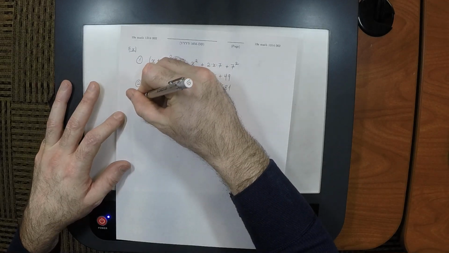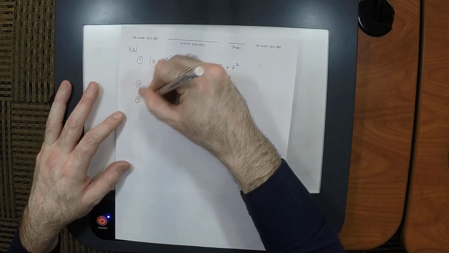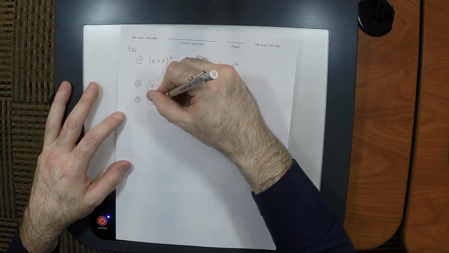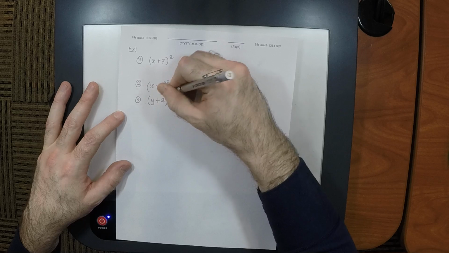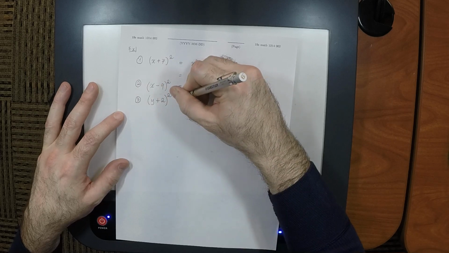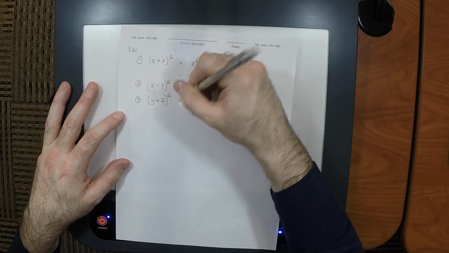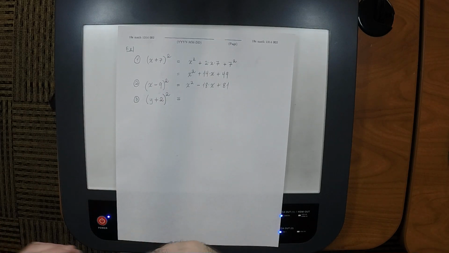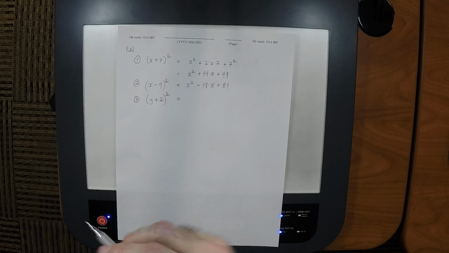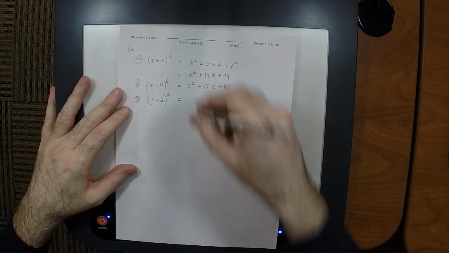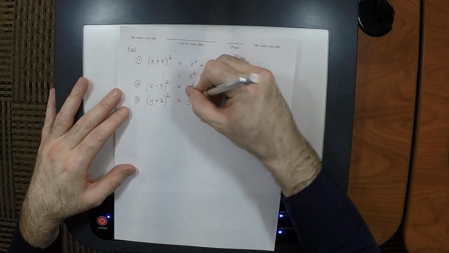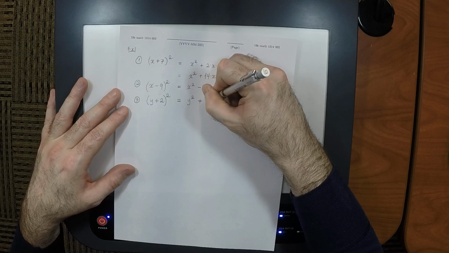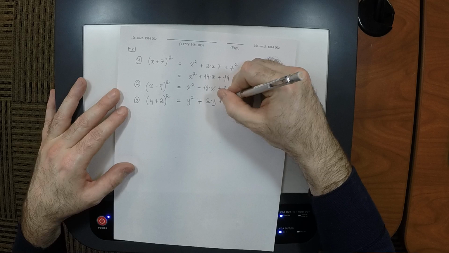Now, beware that sometimes it messes up. So I'm gonna do this one now, and I'm gonna make an error. So if you're gonna copy what I'm gonna write, please note that at least at first I'm gonna make an error. So then y squared plus 2y, and then plus 4.